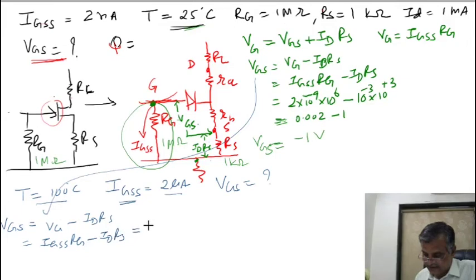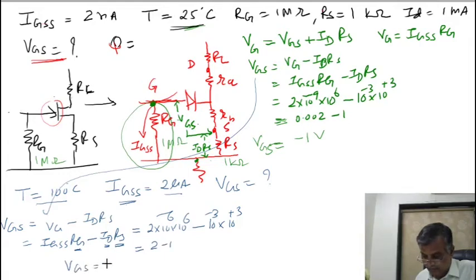Here I get 2 microampere into 1 mega ohm, which is 2 volt, and IDRS is 1 milliampere into 1 kilo ohm, which is 1 volt. So this value becomes 2 minus 1, so VGS becomes plus 1 volt.